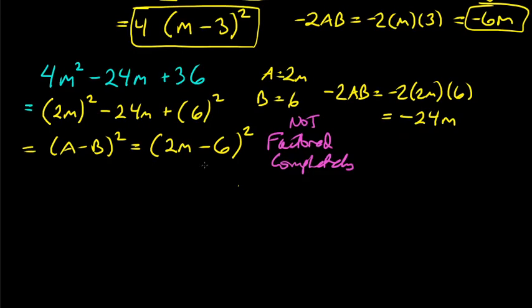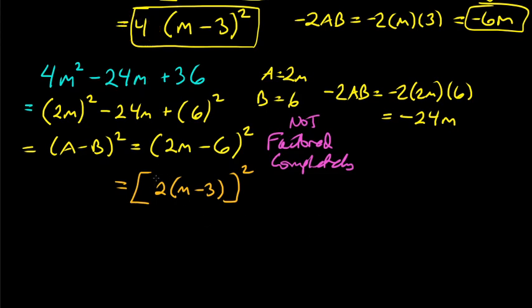Well, here we have 2m minus 6. The 2 and the 6 have a common factor of 2. They're both divisible by 2. So what we need to do is factor out a 2 here. And then you might wonder, wait a minute, I thought it's supposed to be a 4, not a 2.